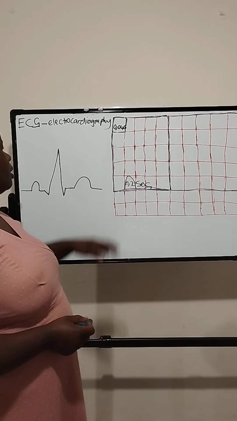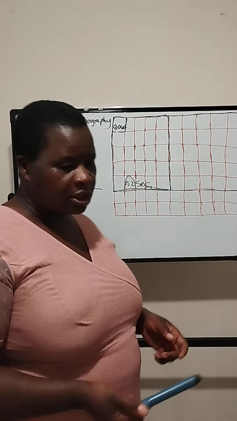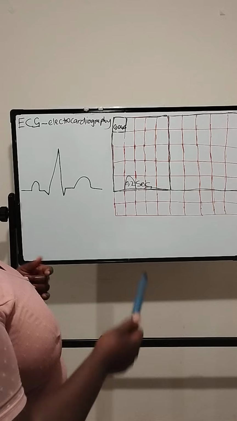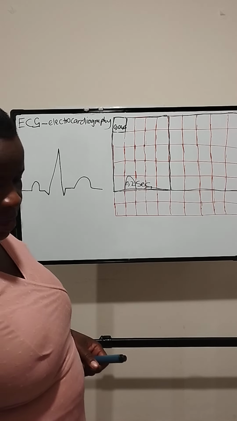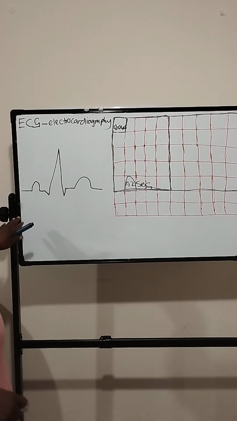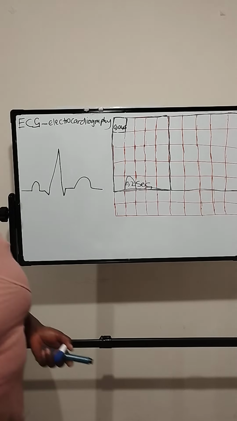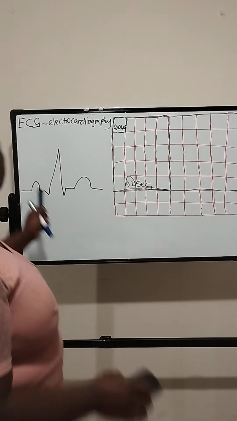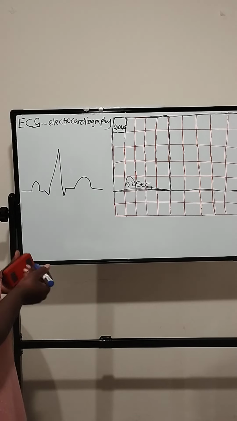Okay, from there now I want to talk about the ECG and its components. The normal ECG tracing usually looks like this diagram I have drawn there. And this diagram consists of waves.